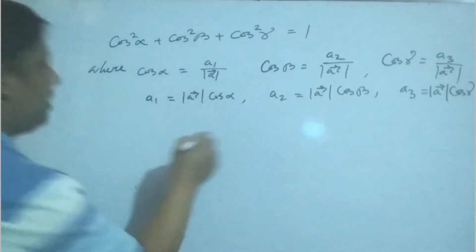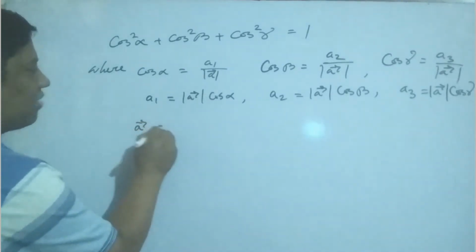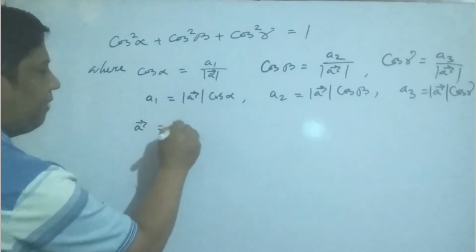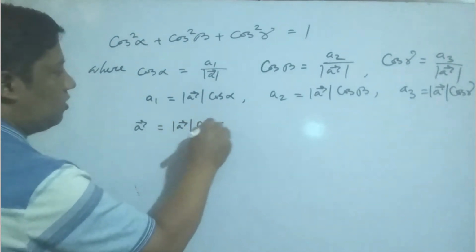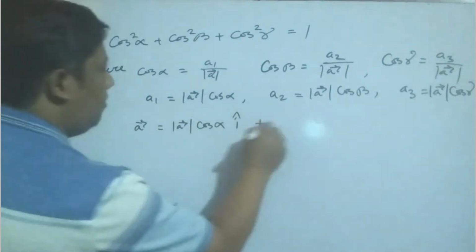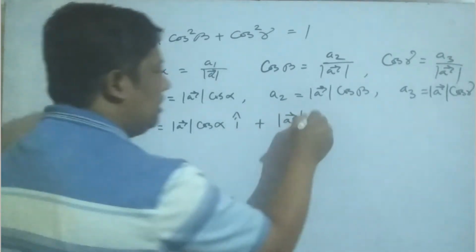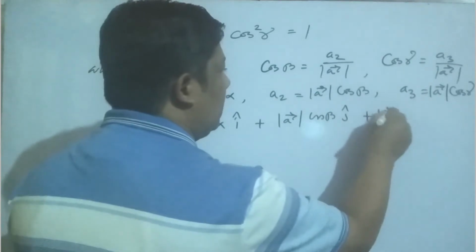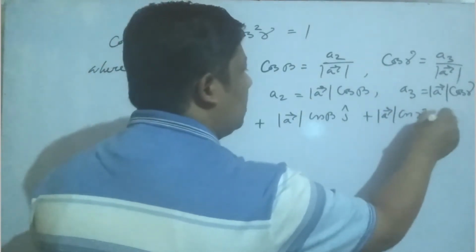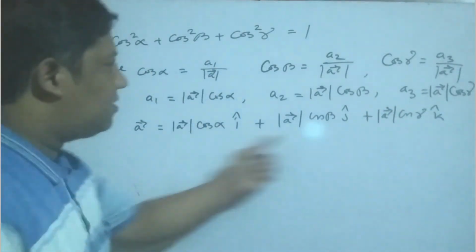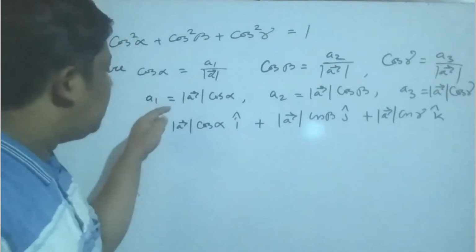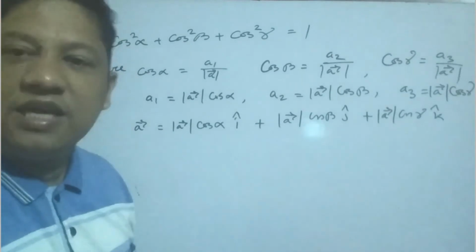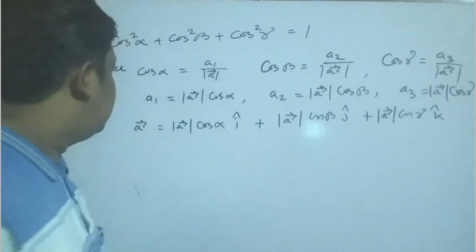If you want to find the component vectors, then instead of A1 you have to write magnitude of A cos alpha i, magnitude of A cos beta j, magnitude of A cos gamma k, and these are the component vectors. Because I just substitute the values of A1, A2 and A3 in the questions, and I get the required answer.